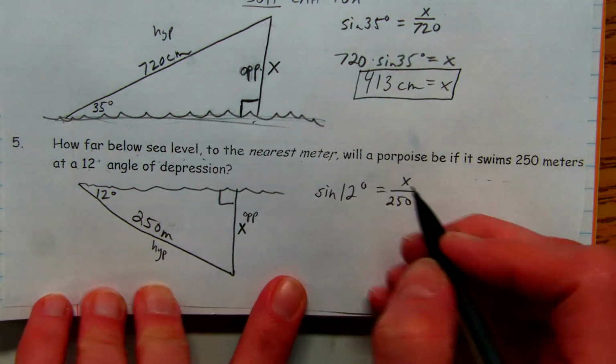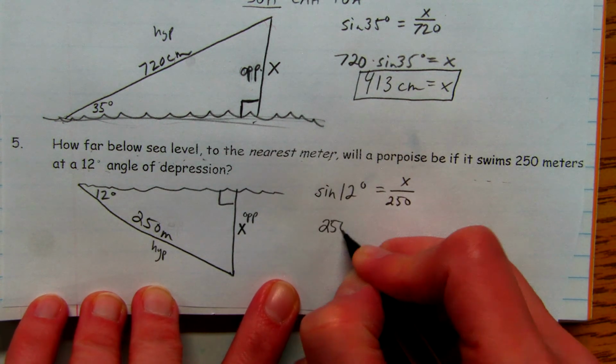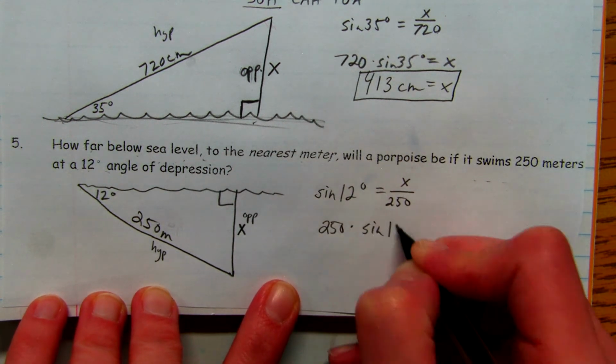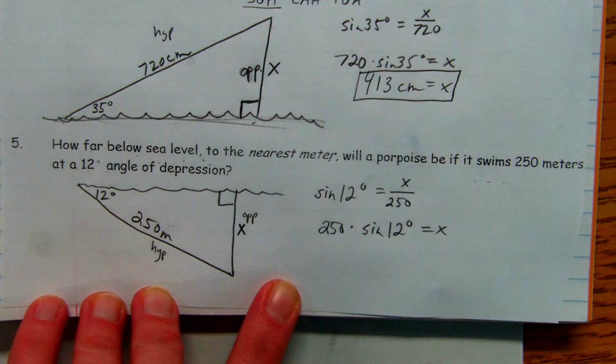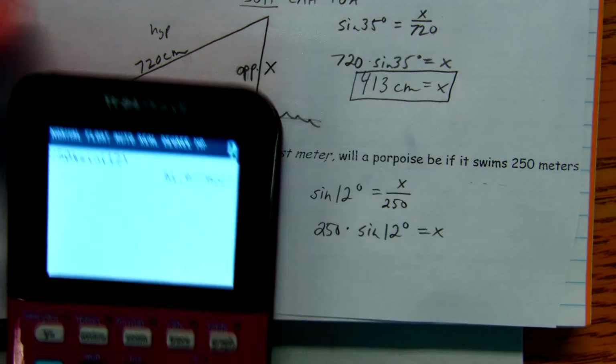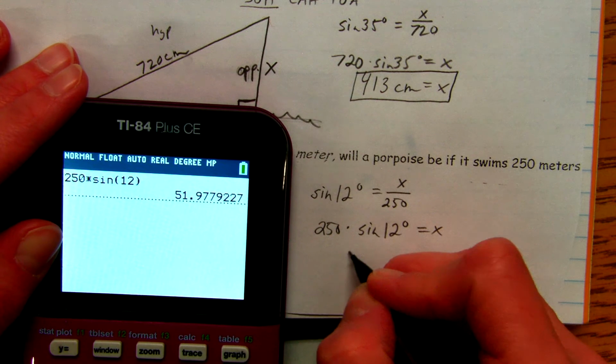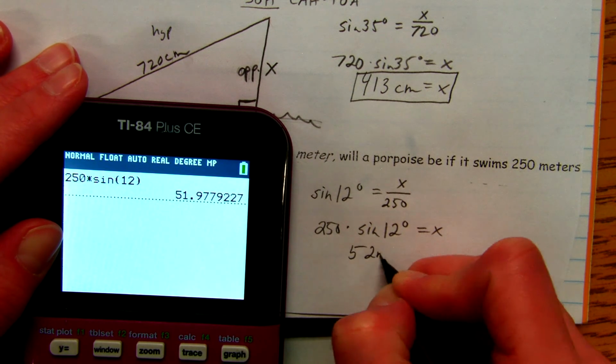And we solve. How would we solve that? Multiply by 250. So 250 times sine of 12 degrees comes out 51.97. So to the nearest meter, that would be 52 meters.